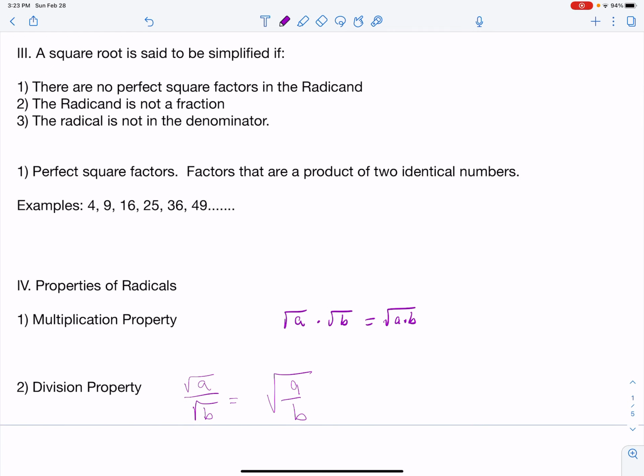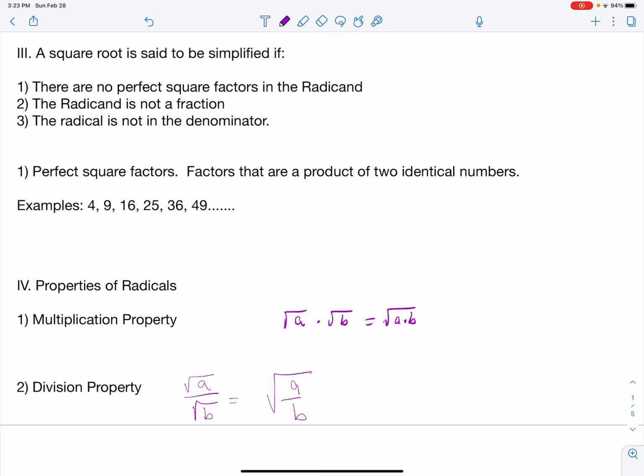All right, so if we're talking about number one, there's no perfect square factors in the radicand, then what are we talking about when we say perfect square factors? We're talking about factoring that radicand, and you guys have been doing a great job factoring. So factors that are a product of two identical numbers.